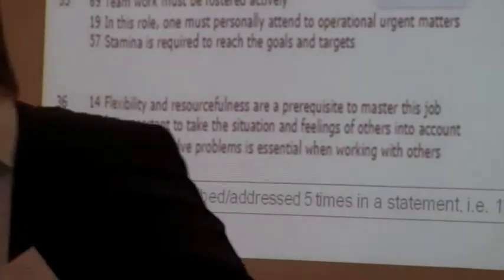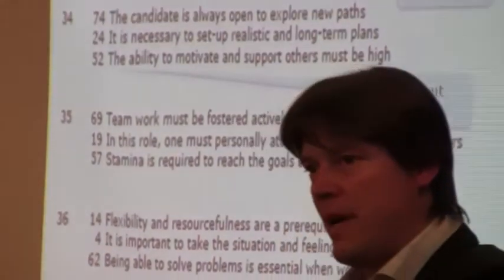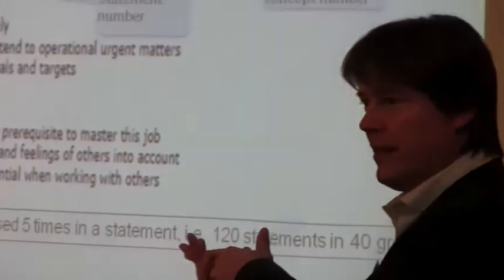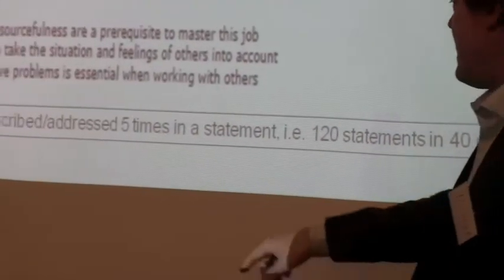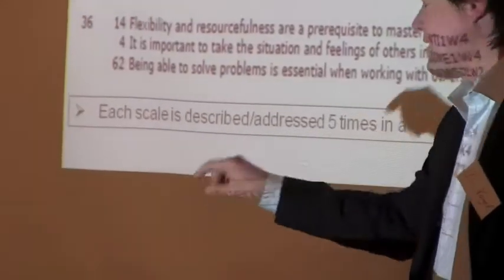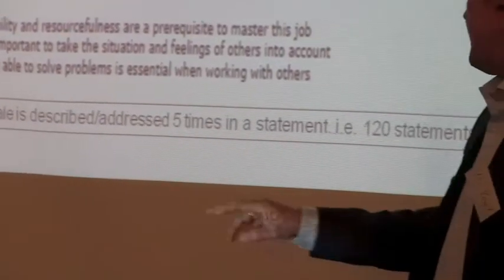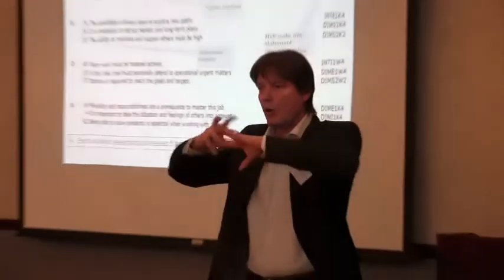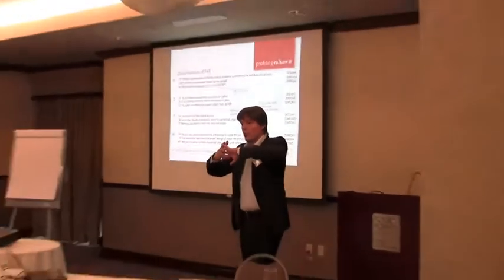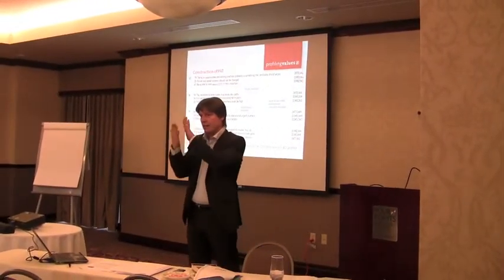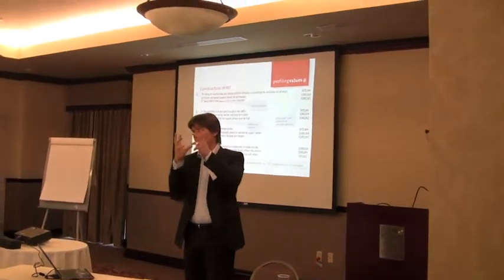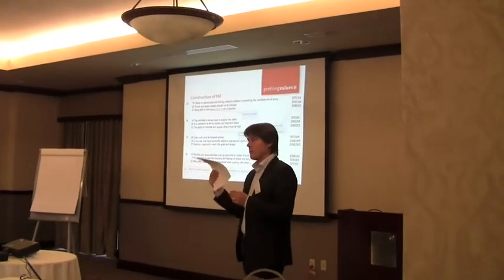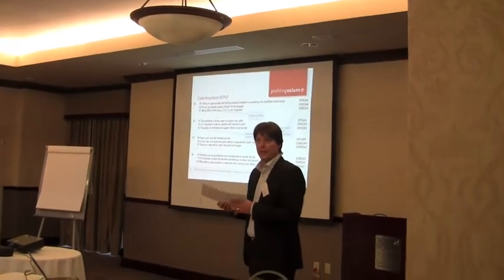I have 12 main scales within my system, all the DIM IES and the INT IES. So each scale is addressed 5 times in a statement: 120 statements in 40 groups, and they are all permutated, so that you ask the scale in different contexts. If somebody's interested, I have several copies of the questionnaire here for you.